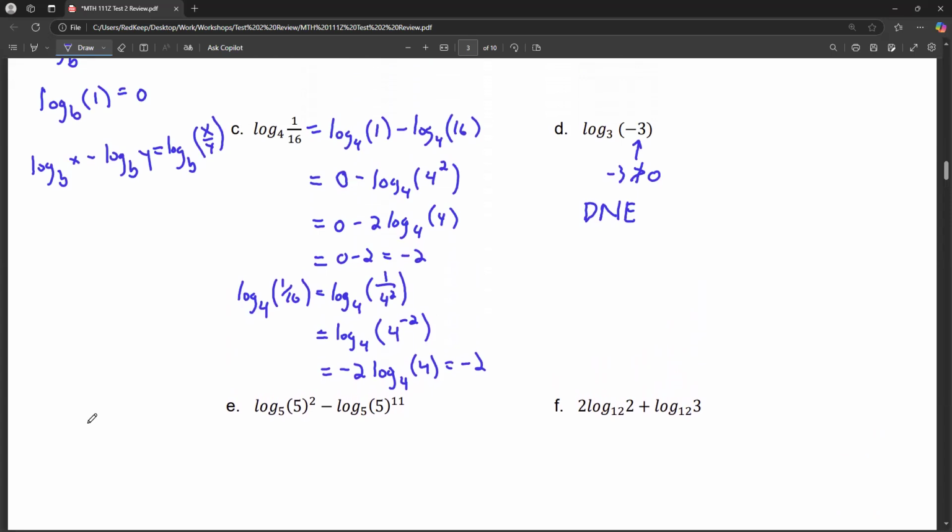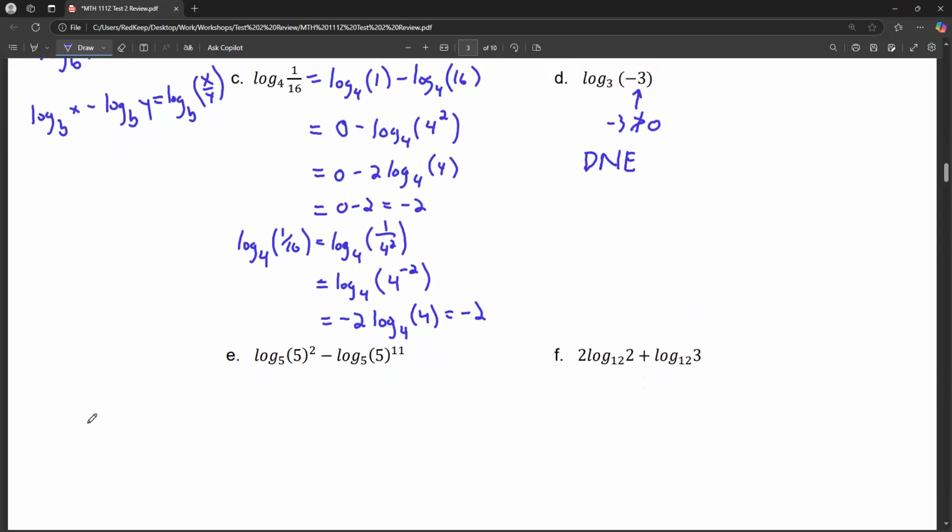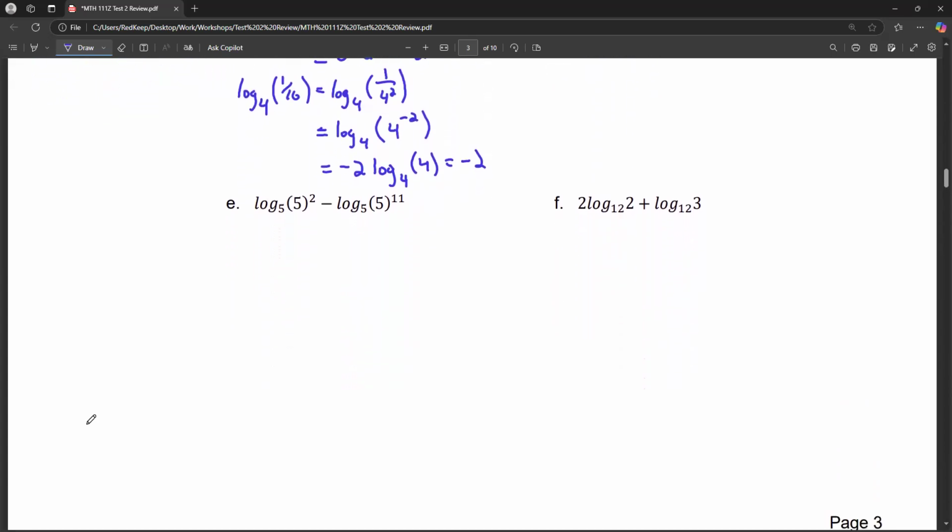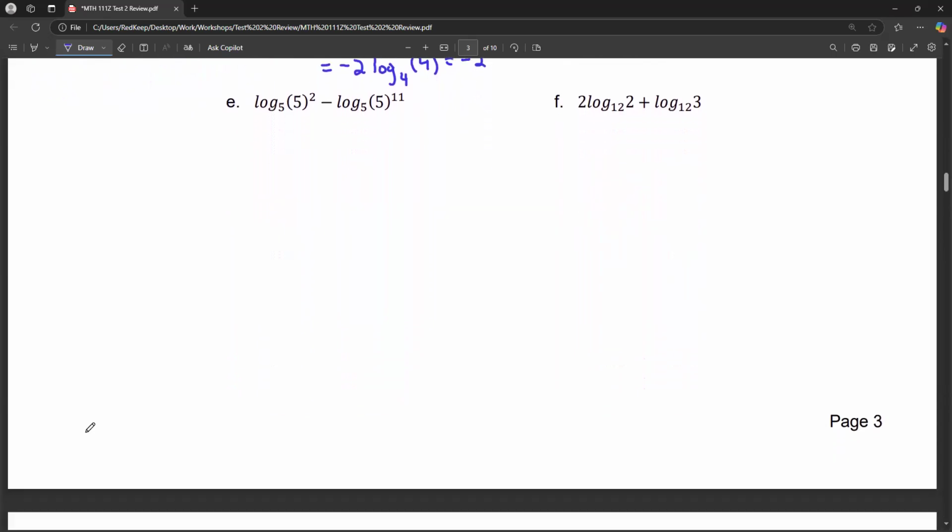So we can write the expression in part E right away with one log of base 5, and it'll be a fraction. To save time, I'll say this is equal to log base 5 of 5 squared over 5 to the 11th power.